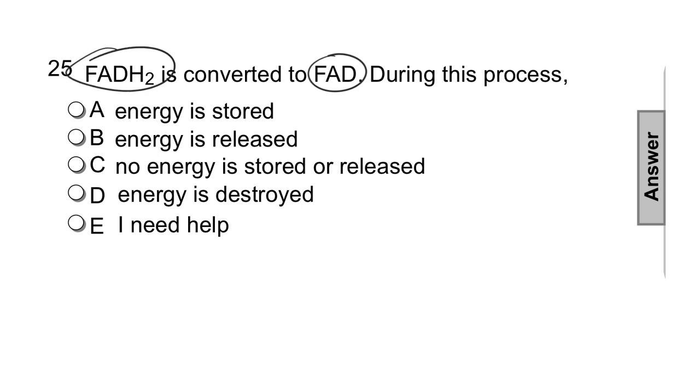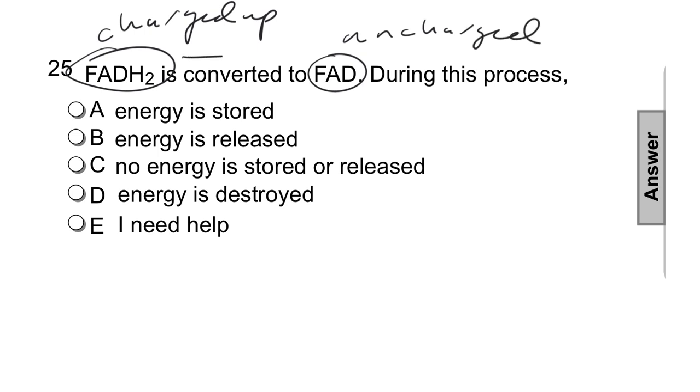The bigger one. And FAD is the uncharged battery. So if that's going to happen that way, energy is again released. Now, if this was backwards, FAD turns into FADH2, energy is stored.